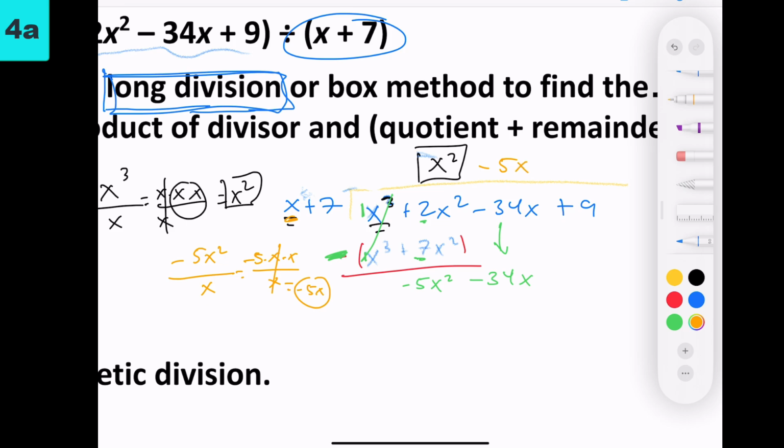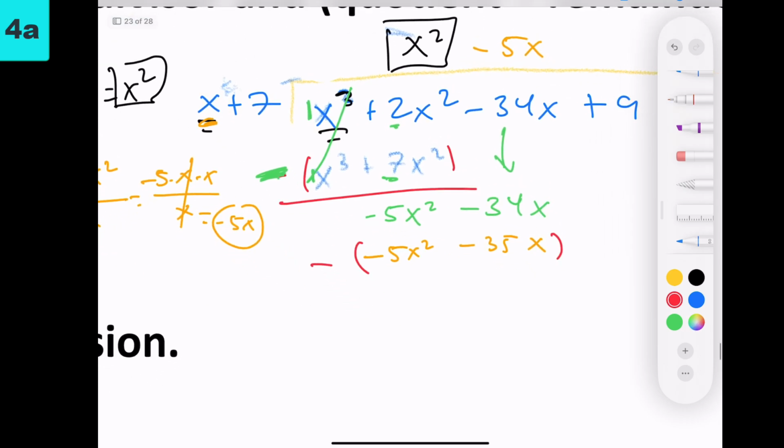And then we'll distribute negative 5x squared, negative 35x. Pay attention now. Negative 5 minus 5 is like negative 5 plus 5, so that's 0. Negative 34 minus negative 35, so that's negative 34 plus 35 gives me just 1x, or just x.